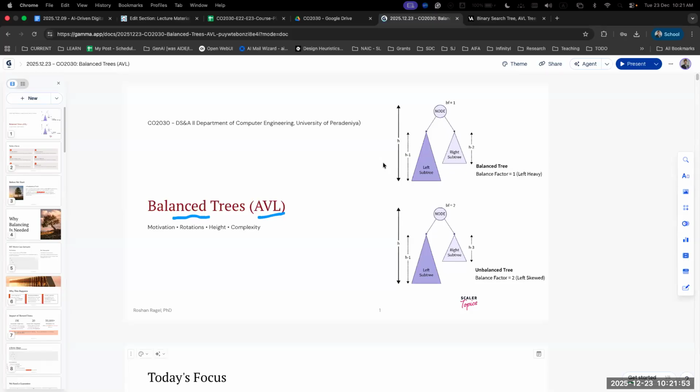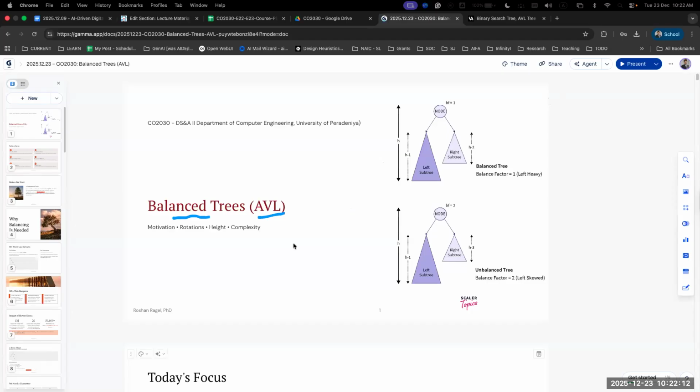Somewhere around the 1960s, two mathematicians or computer scientists proposed the idea of an AVL tree, basically a balanced tree, and they named it after themselves. That is what we are going to discuss today.